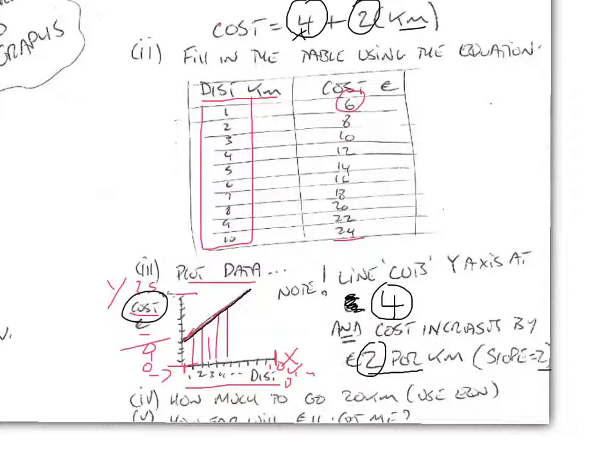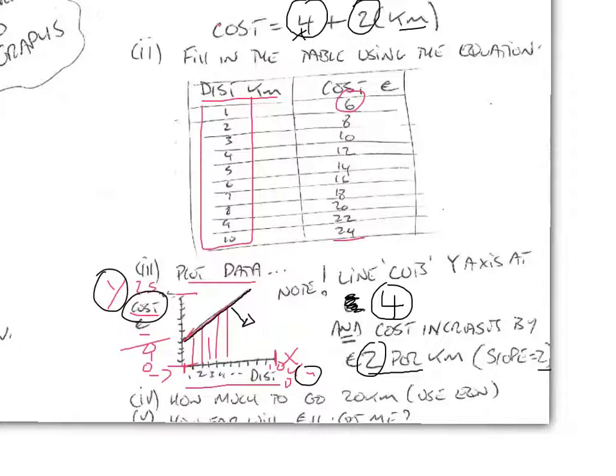The slope of this line is 2. In other words, the value of the cost increases by 2 euros for every 1 unit step in distance. So every time we increase the distance by 1 kilometre, the cost will increase by 2. The rate of change of y to x is 2.